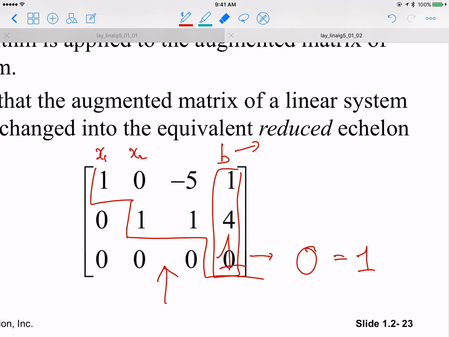So in this case, we have this kind of shape, and the solution at least exists, whether it's a unique solution or infinitely many solutions, because we don't see any pivots in the column of B. But whether it's unique or infinitely many is determined by whether you have a free variable or not.